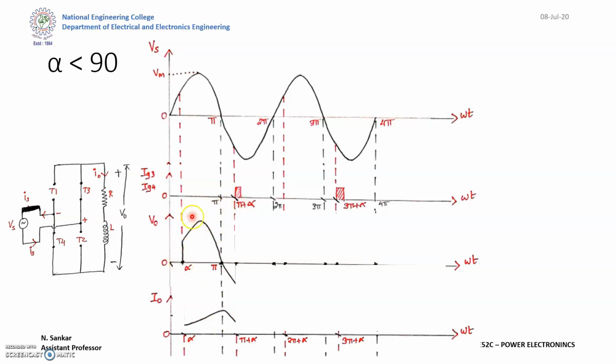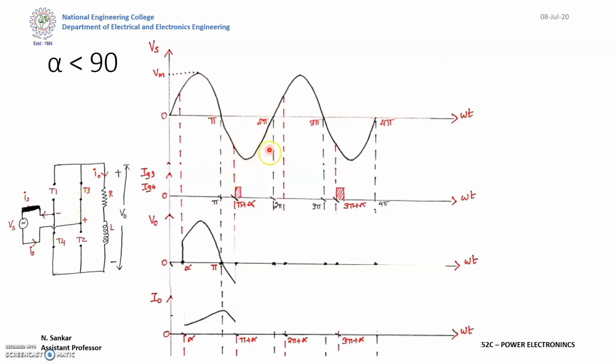For the positive half cycle, we trigger the firing angle at alpha, that is at this point. In the previous graph we have seen, right? So after a 180 degree interval, the new firing angle will be at pi plus alpha. At this point the SCRs T3 and T4 start conducting, and it will follow your input waveform.